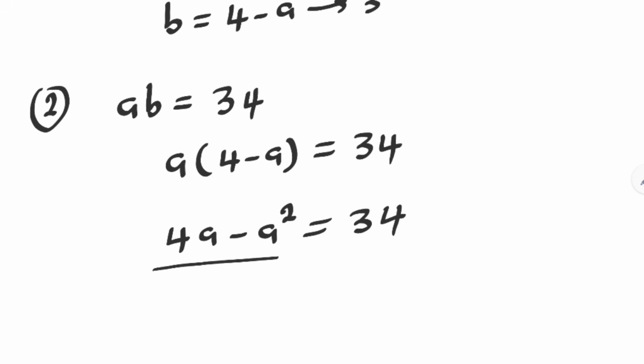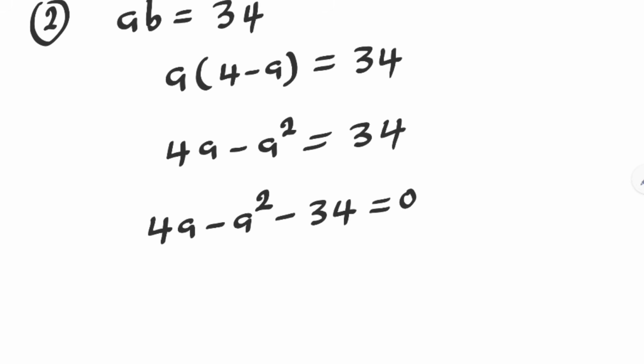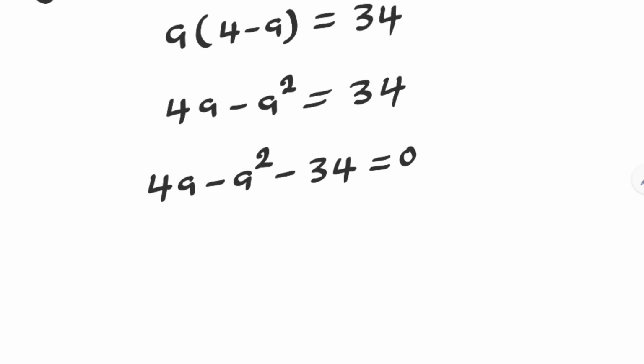Then this can be written as 4A minus A square minus 34 is equal to 0. Let us put this in standard form. Here we have minus A square plus 4A minus 34 is equal to 0.